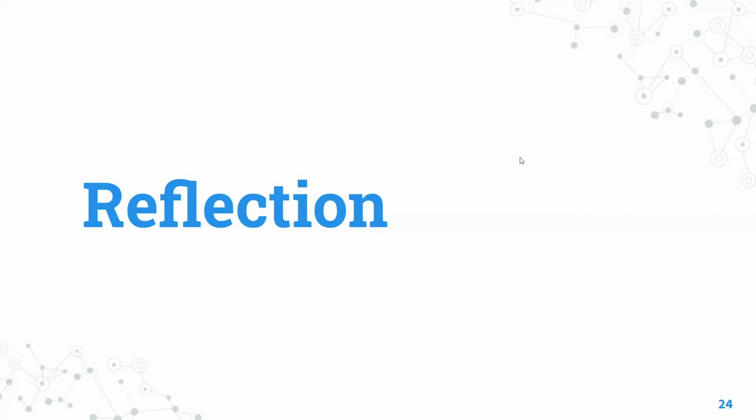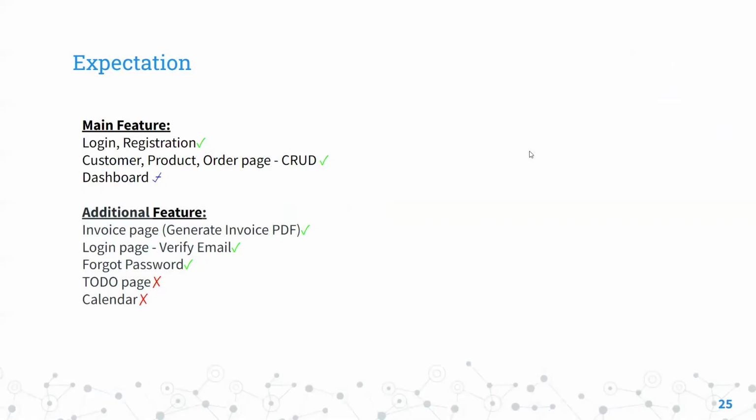Thank you, Sam. Now I'm going to talk about the reflection of our team on this project. When the team compared the final product with the proposal expectations in the last sprint, we found that the application was more complete than we expected. Most of the main features have been completed.